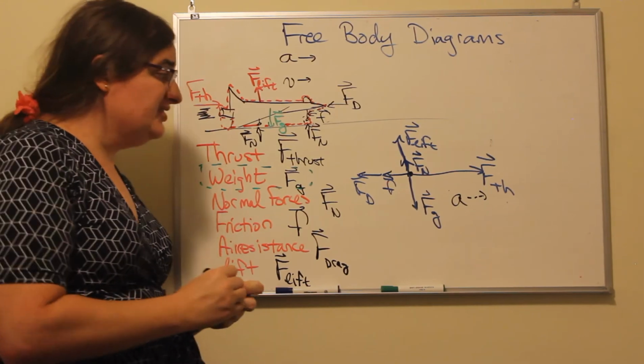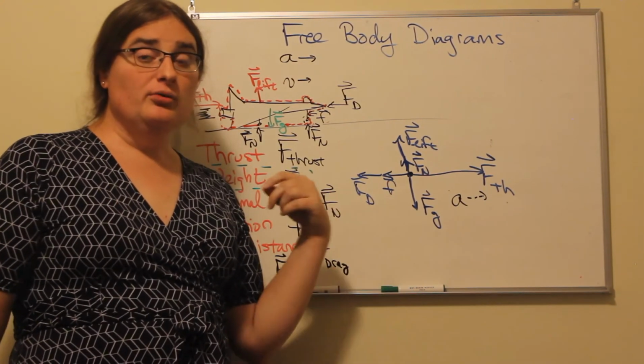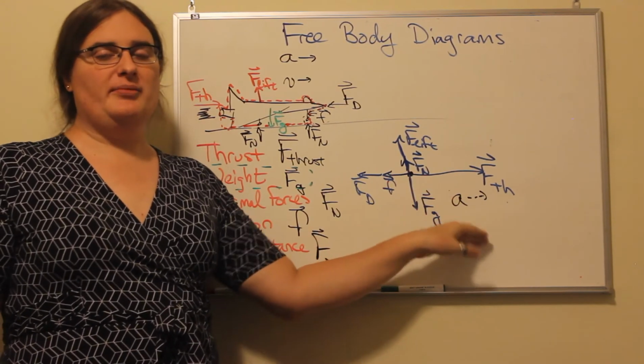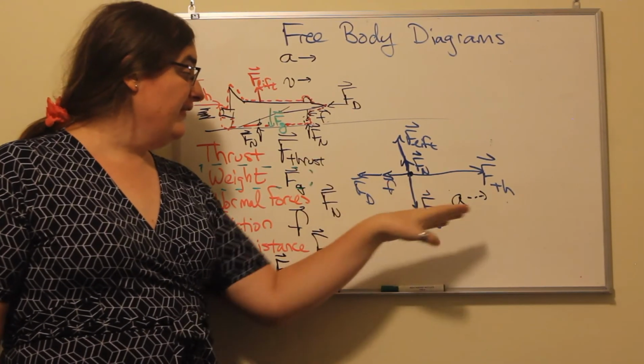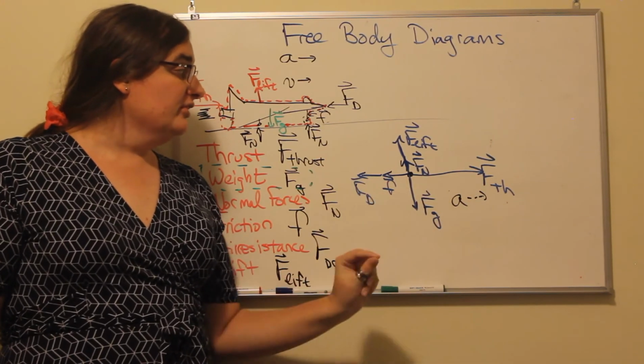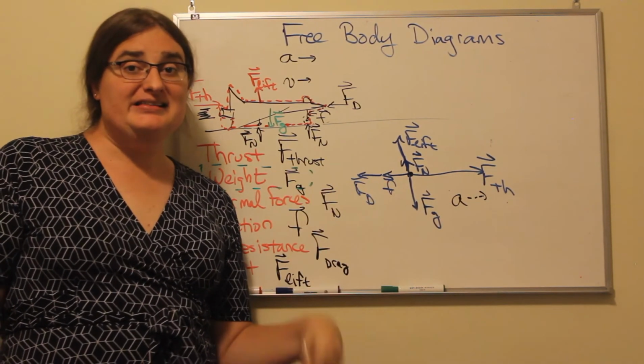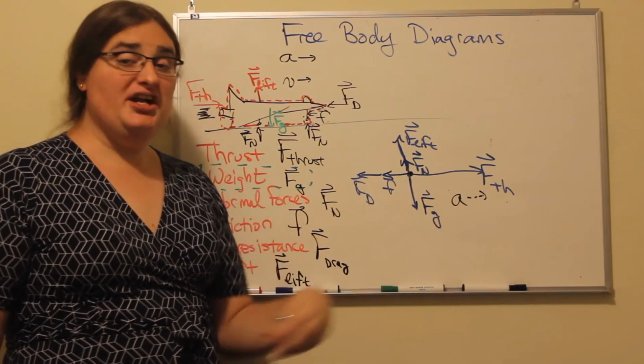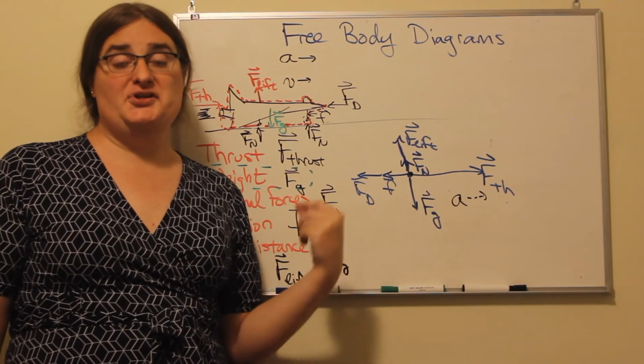But if I know that something's in equilibrium, where the acceleration's 0, then I will write a equals 0 in my picture and make sure that all of my forces look like they line up in size, canceling everything out and not changing whatever velocity that object would have.